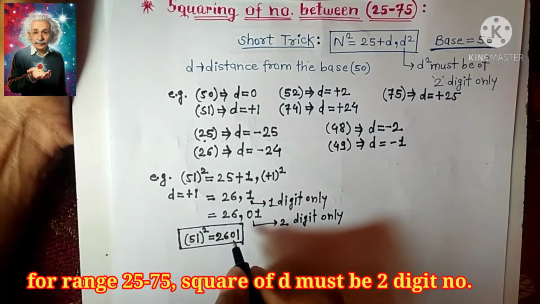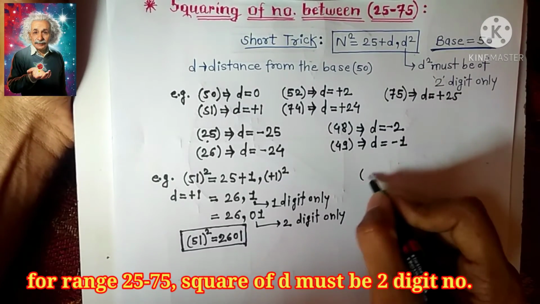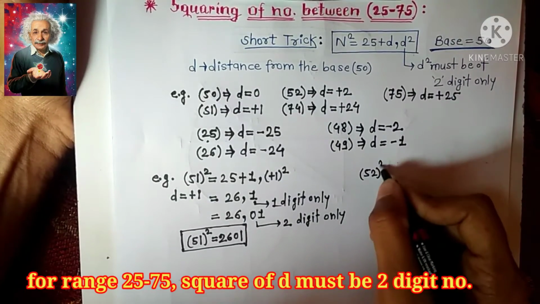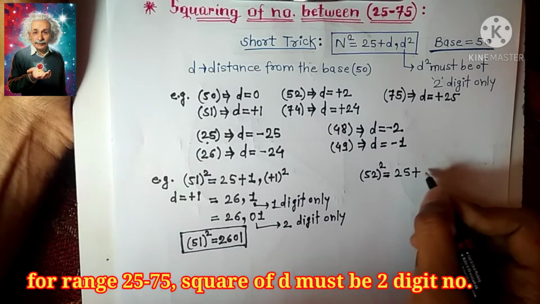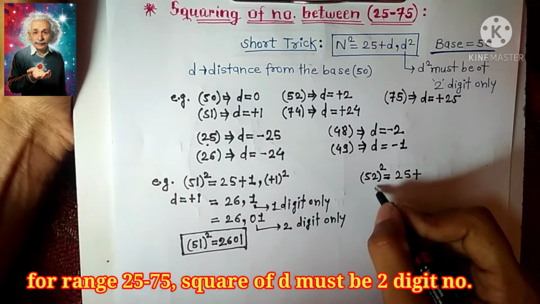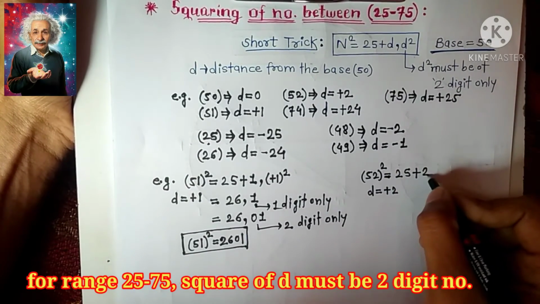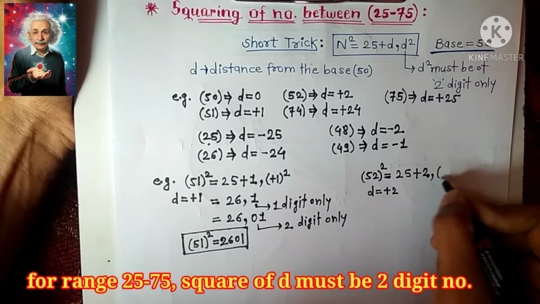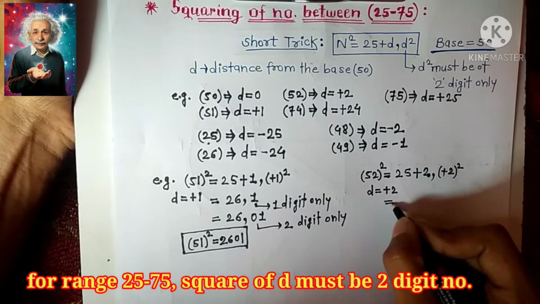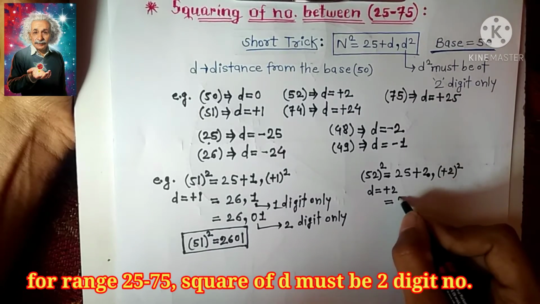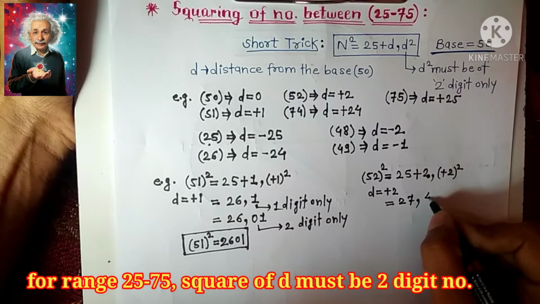Now we take the second example as 52. 52 square is equal to 25 plus d. Here the value of d is plus 2. So here we write it as 2 comma d square means plus 2 whole square. Then we get 25 plus 2, 27 comma 2 square means 4.